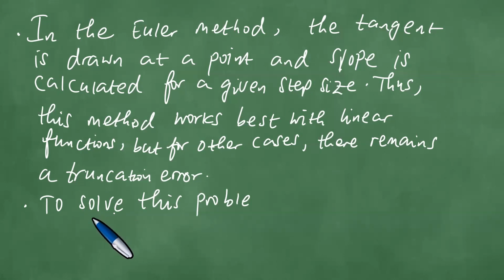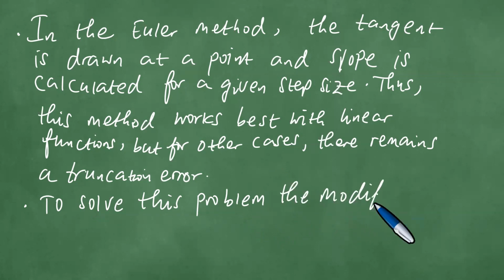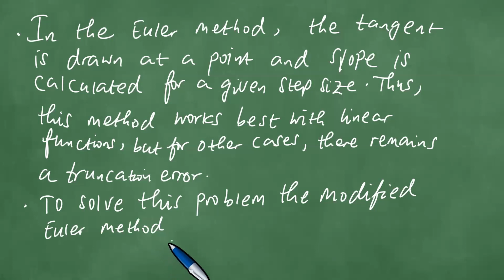So to solve this problem of the truncation error, the modified Euler method is introduced. It's common in literature to just call it Euler method, modified Euler method, and just Euler's method, like Taylor method and Taylor's method.